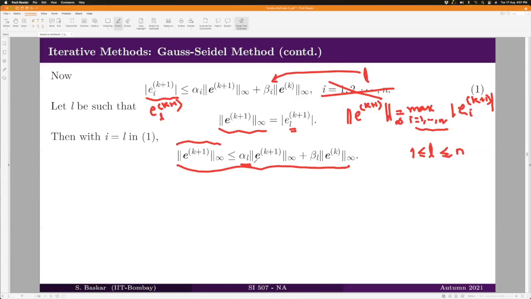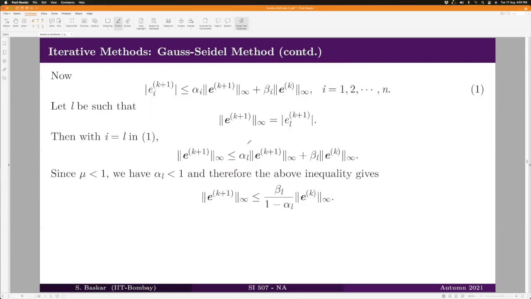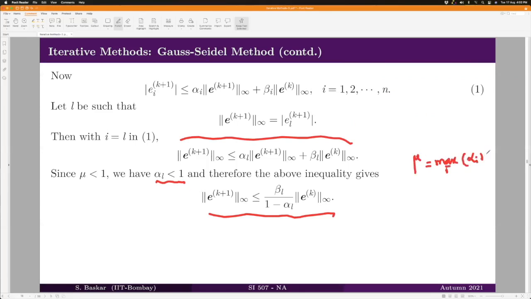Now you see, you bring this term to the right hand side and you can write this inequality in this form. Remember, I can do this because alpha L is surely less than 1. Why? Because mu, which is nothing but maximum over I of alpha I plus beta I, is something very big compared to alpha, right?